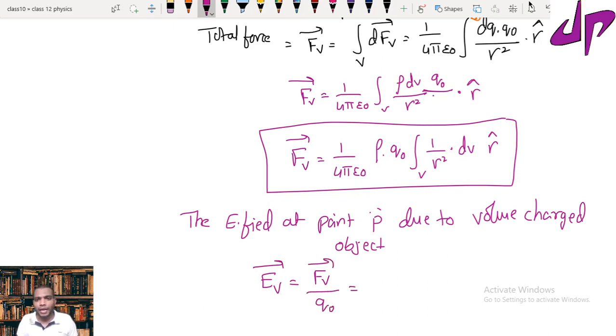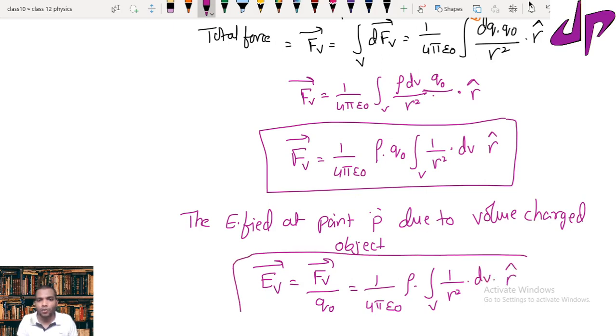So we need to divide the above expression by the test charge, and the test charge terms cancel out. The leftover terms I am writing directly: 1 over 4 pi epsilon naught, rho times the volume integral of 1 over r square times dV. Finally, you write the unit vector direction r roof. So this is the electric field expression due to any volume object. This is the way to find the electric field.